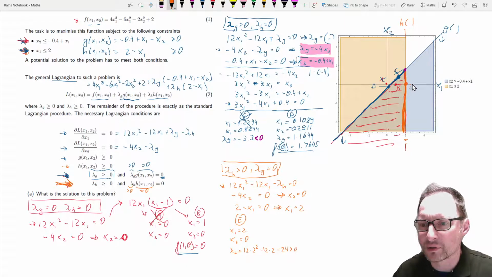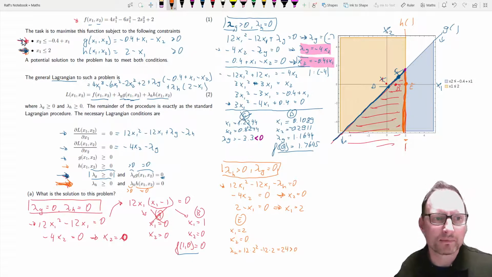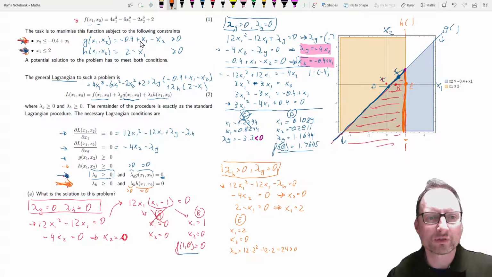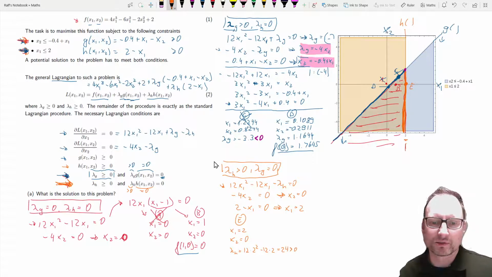Okay, that is point E. And you can perhaps see it does seem to meet our G constraint, but you could confirm that by plugging in the coordinates 2, 0 into the G constraint. So minus 4 plus 2 is negative 2, 1.6 minus 0 is 1.6, which is larger than 0. So that point is okay.